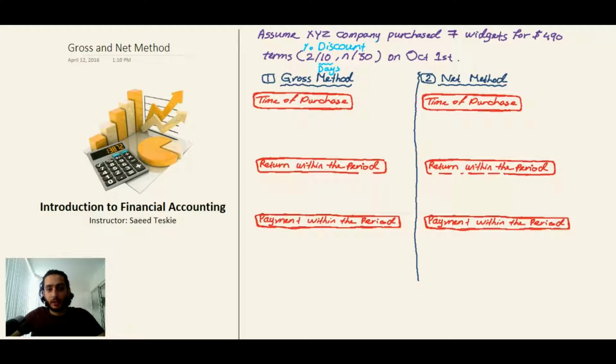The difference between the gross method and the net method is how we will account for this discount. Let's see. Using the gross method, we are assuming that the company or the firm will not use the discount, will not pay within the discount period.